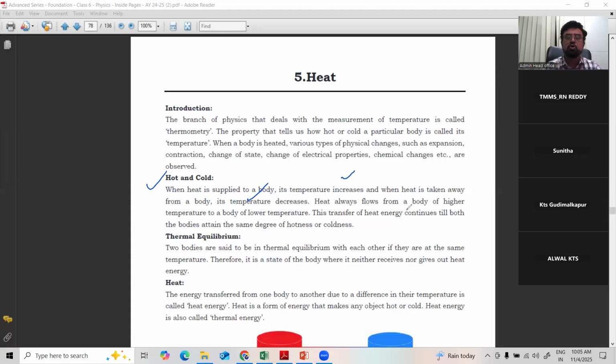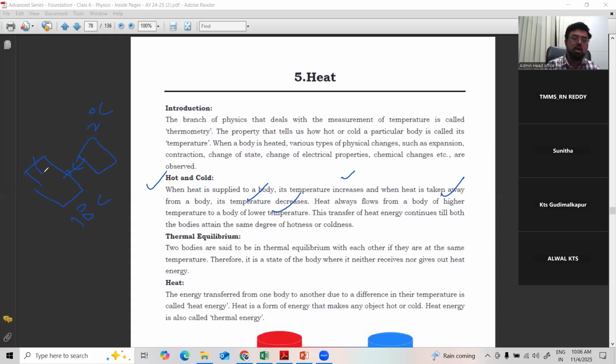Heat always flows from a body of higher temperature to a body of lower temperature. I already told you. Suppose you take two bodies, one at 10 degrees Celsius, the other at say 2 degrees Celsius. When you keep them in contact, what happens?